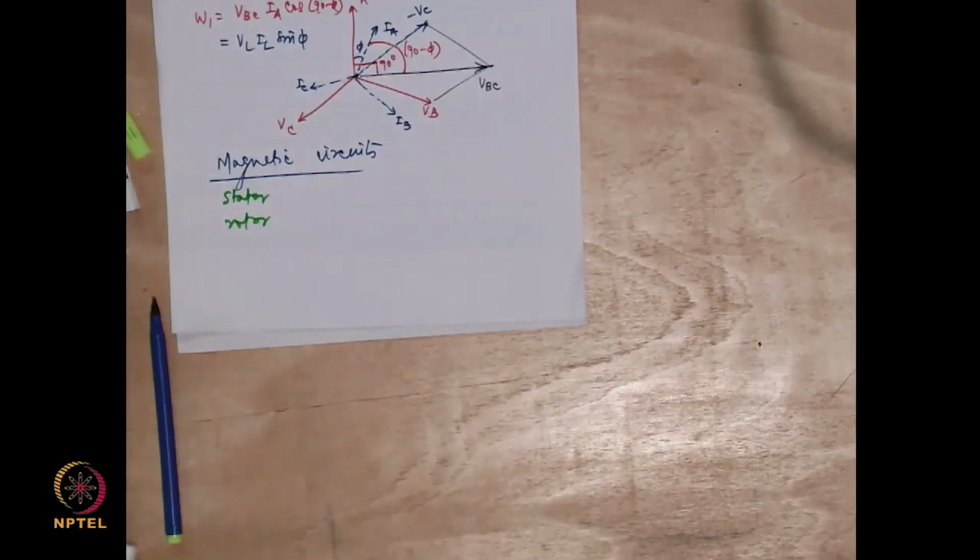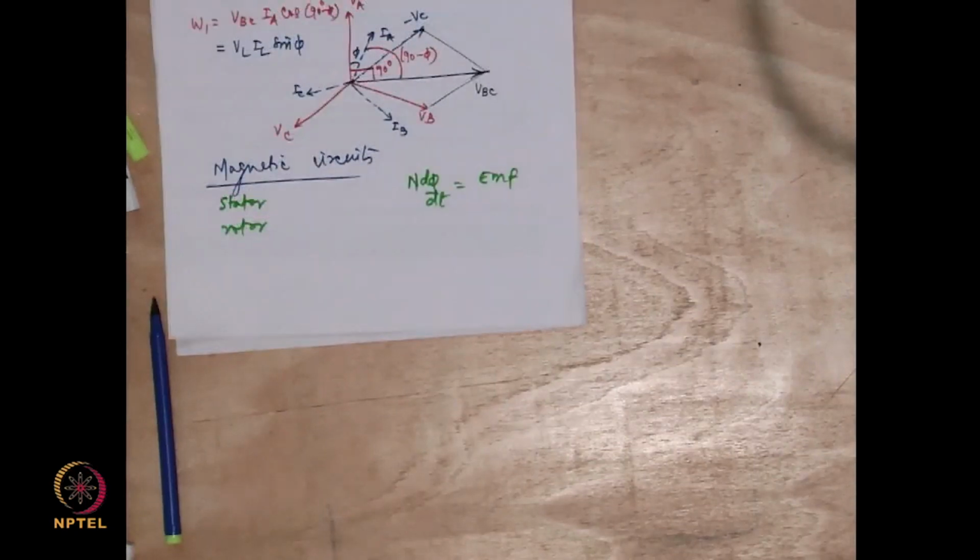I'm sure you have studied Faraday's law of induction, where if I have a variation in the flux, the rate of change of flux multiplied by the number of turns gives me ultimately the EMF induced. So N d phi by dt is actually giving me the EMF induced in any electromechanical system.